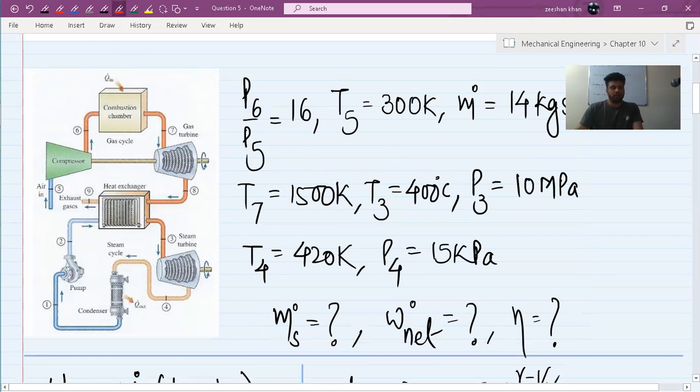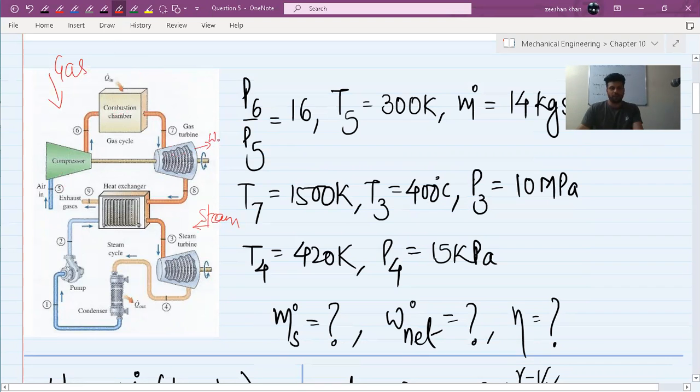So you have a combustion chamber, you have a compressor, you have a gas turbine. This is the part where gas works, and this is the part where steam works. The gas is compressed from fifth state to sixth state, and then it's combusted, and then it goes into the turbine and gives out work.